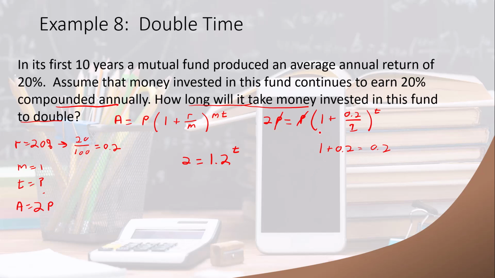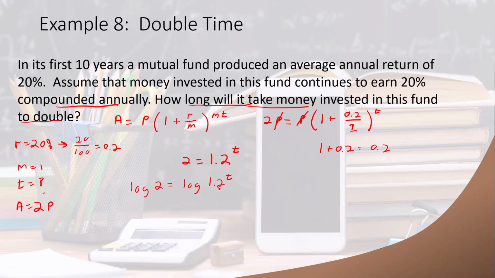Now we have t in the exponent, and we need to get t out of the exponent. The way we can do that is by taking the common logarithm, or the natural logarithm, it doesn't particularly matter, of both sides. If you're going to use one on one side, you have to use the same one on the other side. So we're going to stick with the common log. That means we're going to have log base 10 of 2 is equal to log base 10 of 1.2 to the t power.